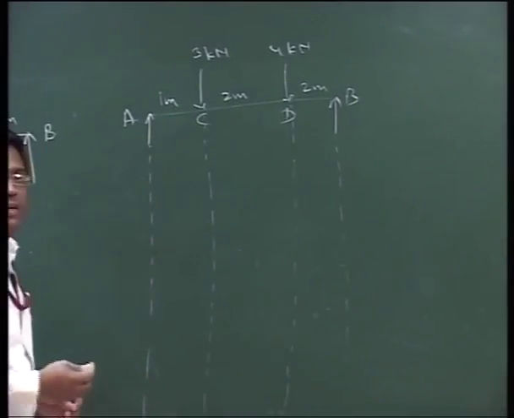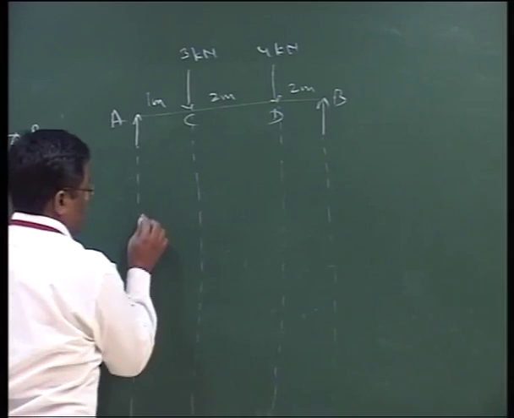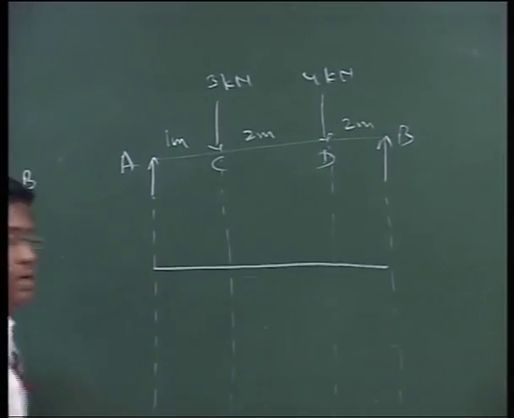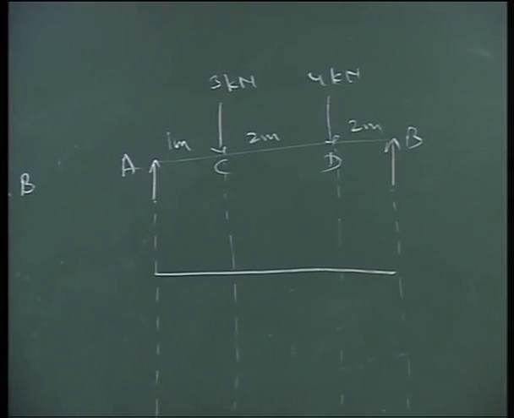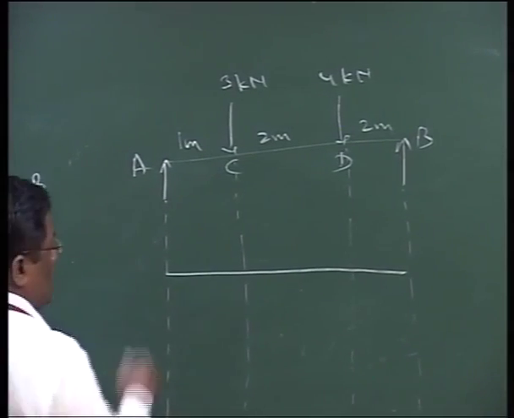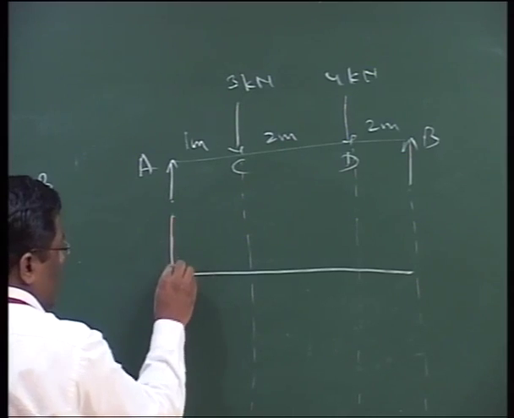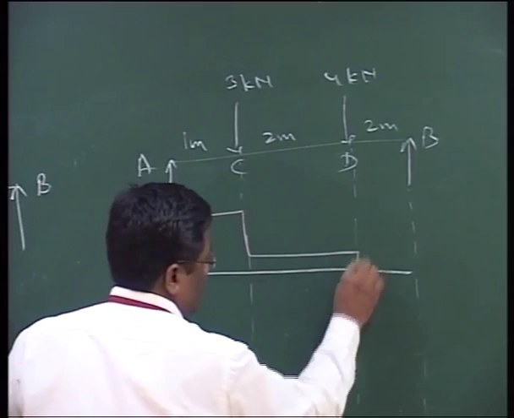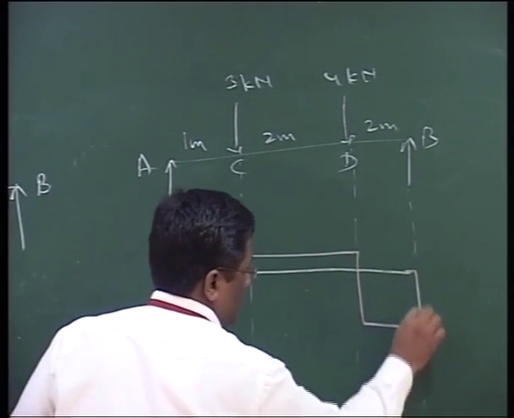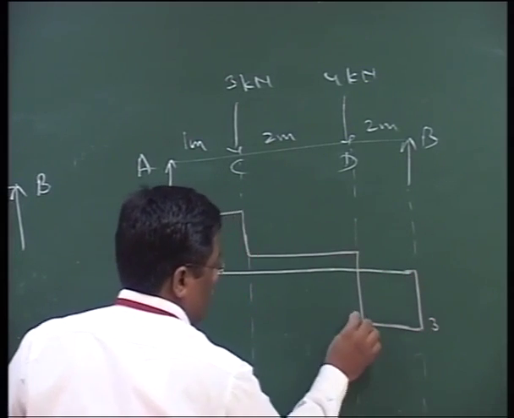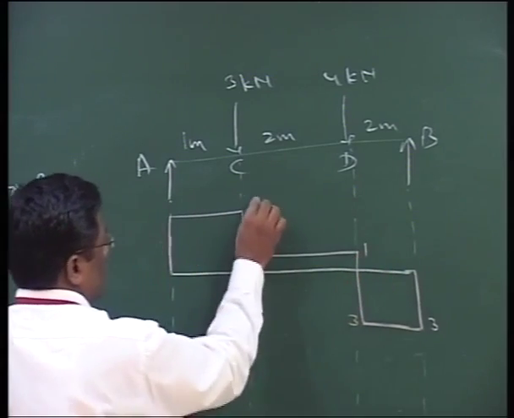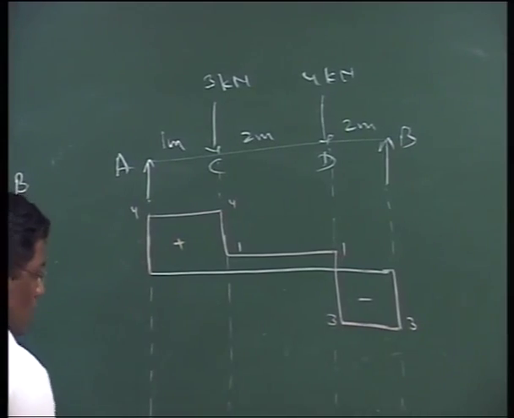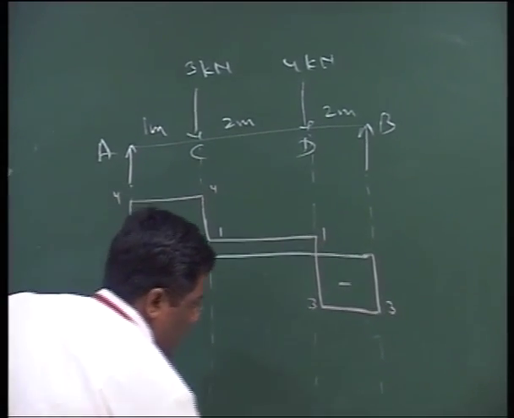Now it is a tradition to draw both the shear force diagram and the bending moment diagram exactly under the beam, so that we can conclude from such diagrams what exactly we need to do. So let me first draw the shear force diagram which we drew earlier. The values were 3, 3, 1, 1, 4 and 4, and it was plus and minus.